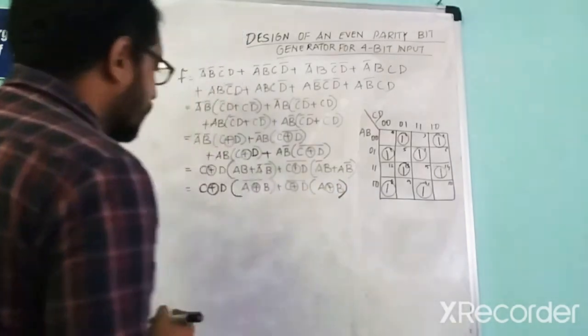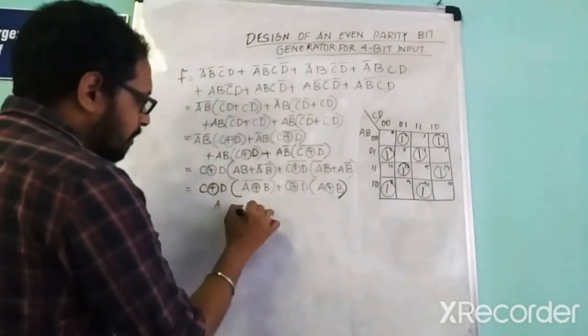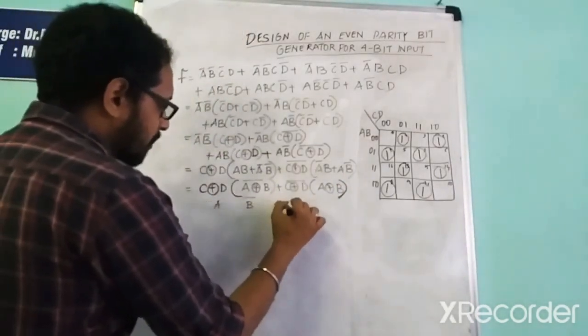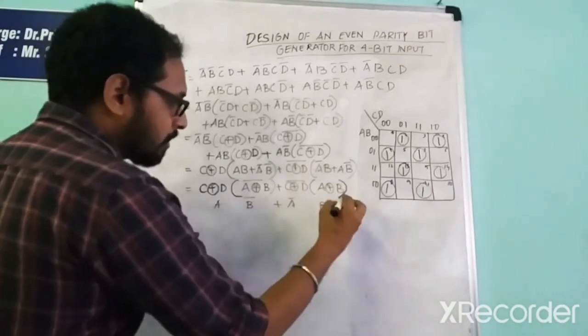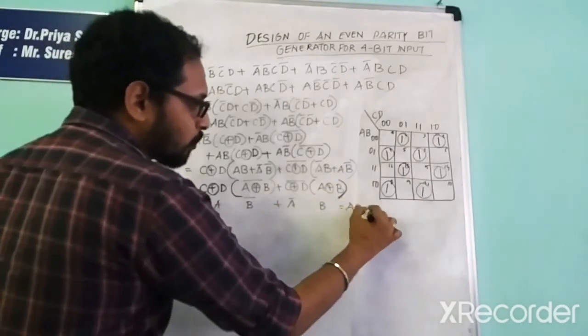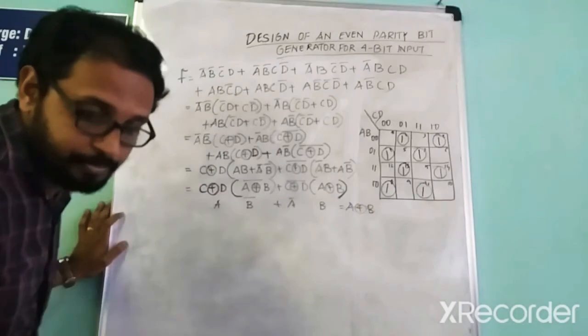Okay. This is similar to a b bar plus a bar b, right? This is a XOR b, as you all know.